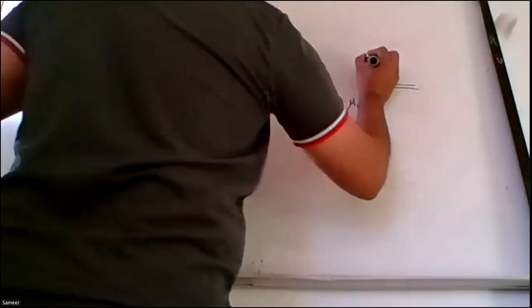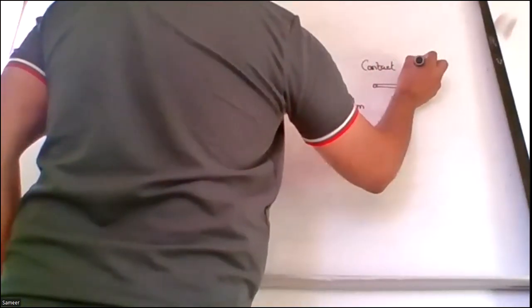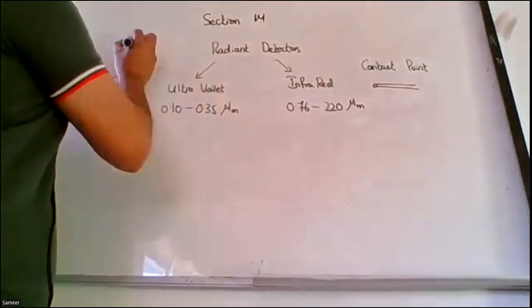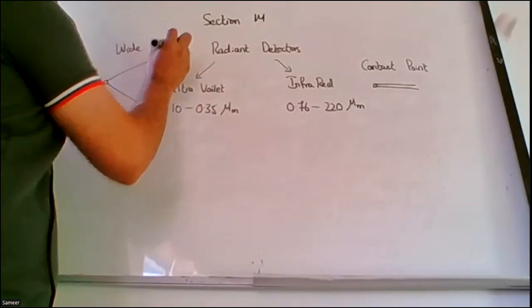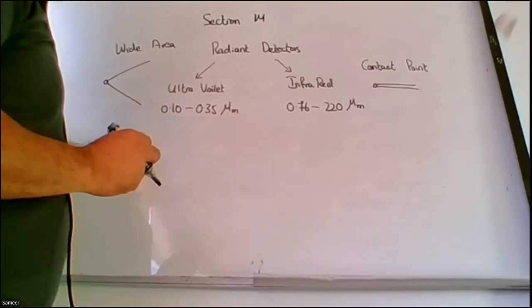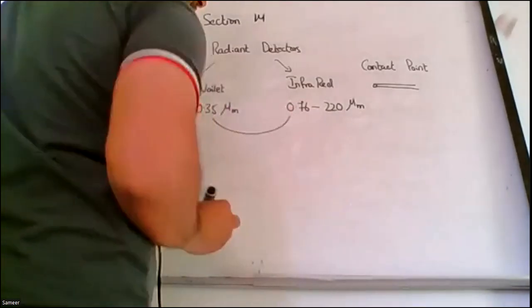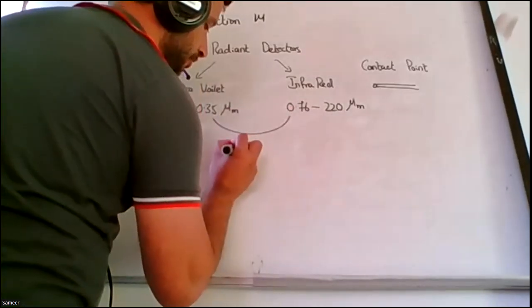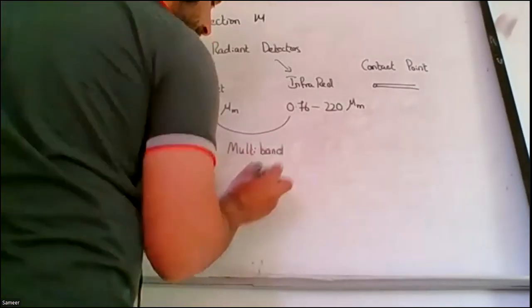Infrared is also known as contact point detection, while ultraviolet is famously known for wide area detection. Ultraviolet and infrared detectors can be combined together as a combination detector, and these combination detectors are known as multi-band detectors, meaning multiple bandwidth.